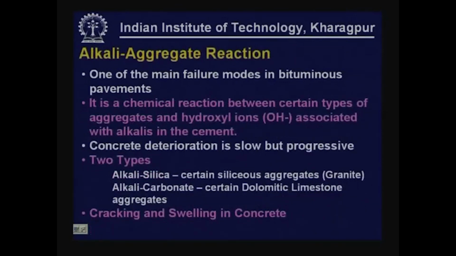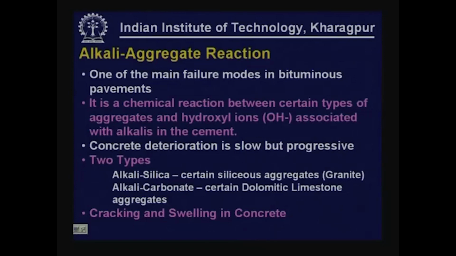Coming to alkali aggregate reaction, which as we discussed earlier is a main mode of failure, especially in concrete pavements. This is the chemical reaction between certain types of aggregates and the hydroxyl ions associated with alkalis in the cement. Because of this, the concrete deterioration is slow, but progressive.